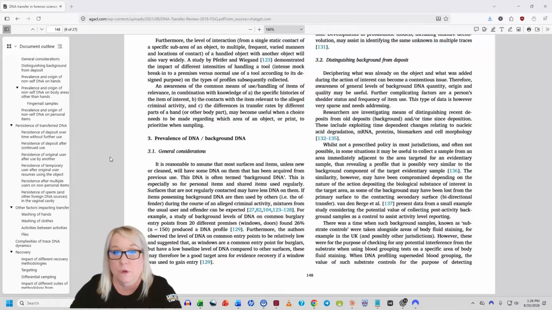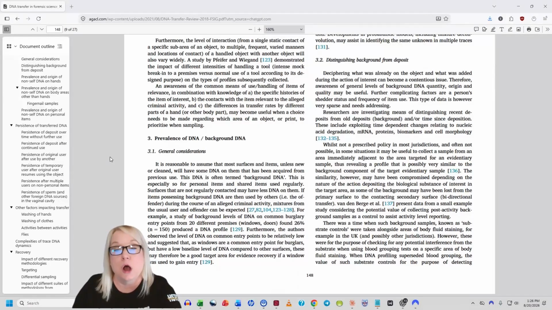pieces of DNA. Researchers are investigating means of distinguishing recent deposits from old deposits, which they're calling background, and or time since deposition. Wouldn't that be nice to know? These include exploiting time-dependent changes relating to nucleic acid degradation, mRNA, proteins, biomarkers, and cell morphology. I like that.